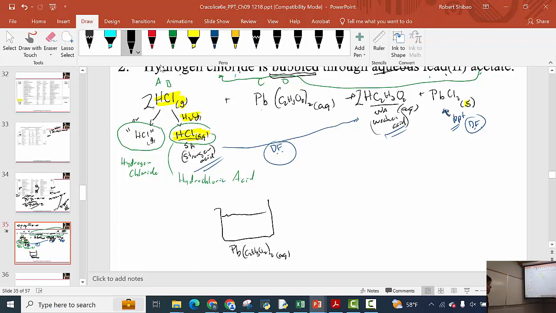And in this solution, we're going to bubble the gas. The gas is just going to be pure hydrogen chloride gas. And what should form here?